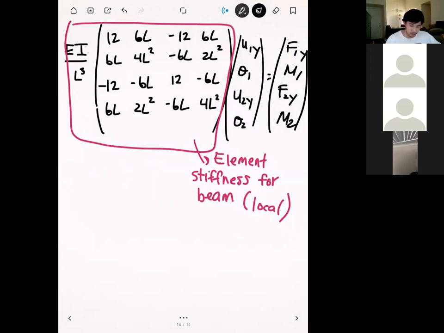Okay, let's talk about constraints. We're going to add one more constraint. So far we've seen pin constraints and rollers, but there's one more that we can do.